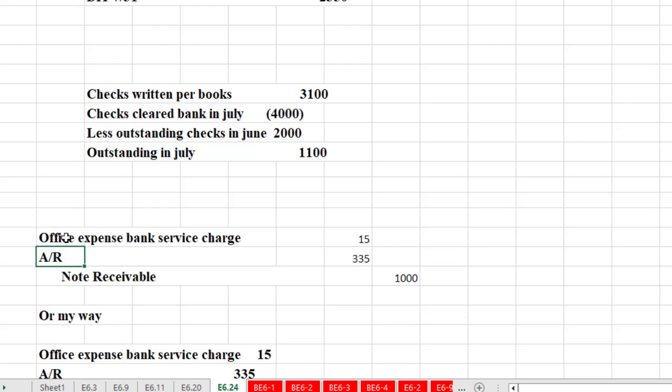And then you just put in the office expense, bank service charge of $15. The accounts receivable needs to go back on. So that's 15, that's 335, and then we collected $1,000. Altogether, that impacts our cash. What does that need to be? Well, that's going to need to be a debit in order to get debits to equal credits.